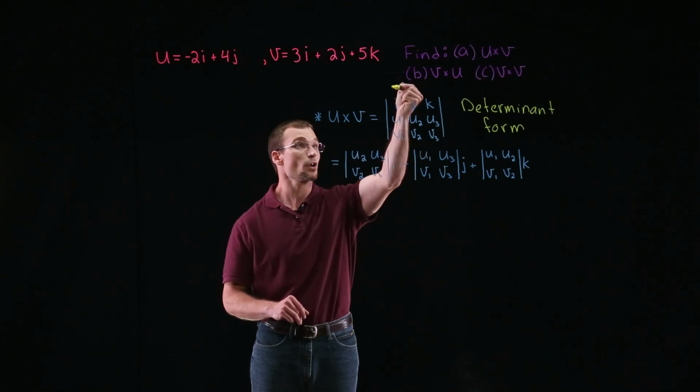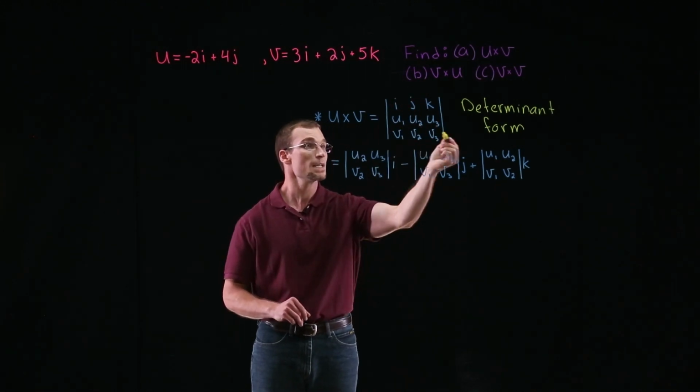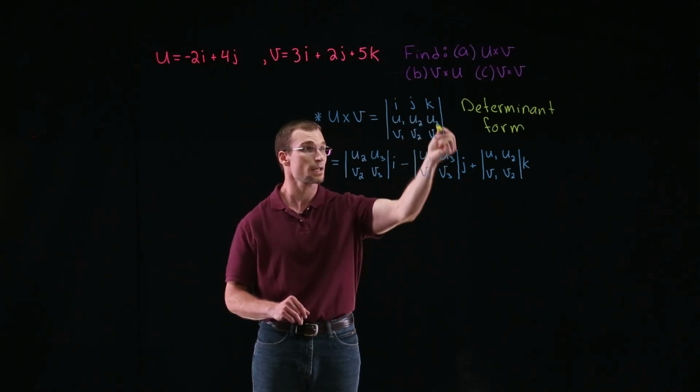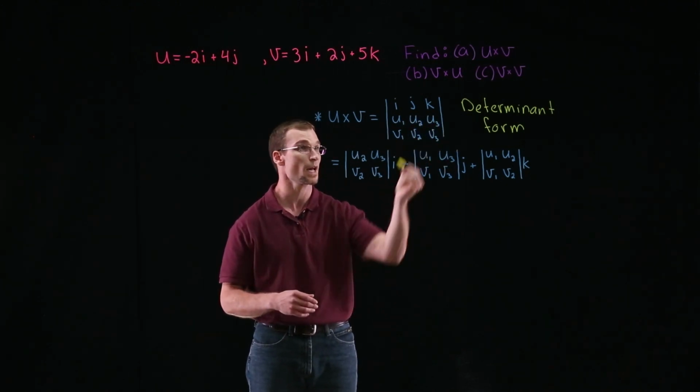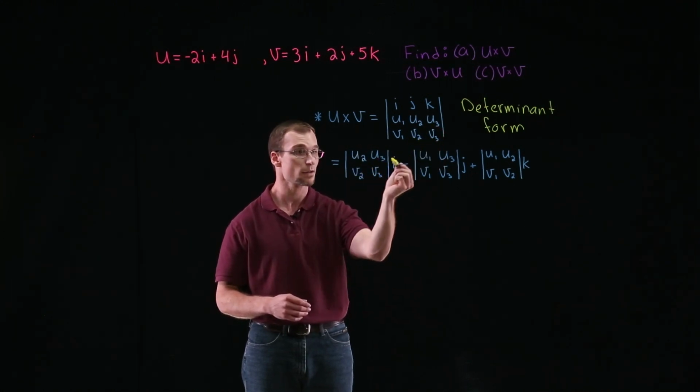Then, starting at the top with i, covering up that column, we take the determinant of the 2 by 2 matrix that is left, u2, u3, v2, v3, times i.